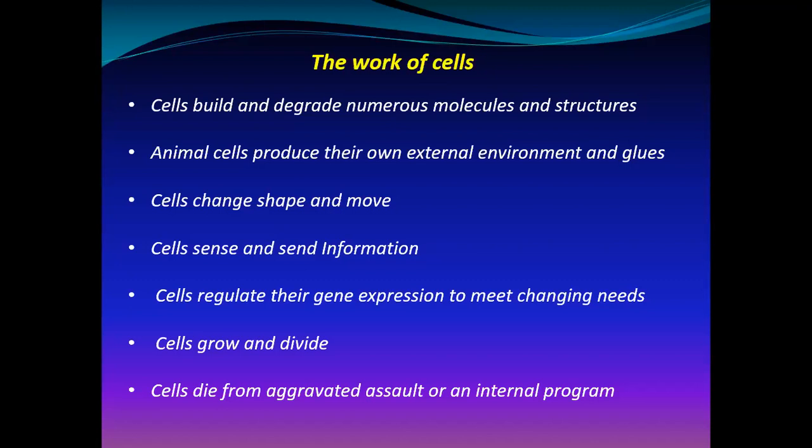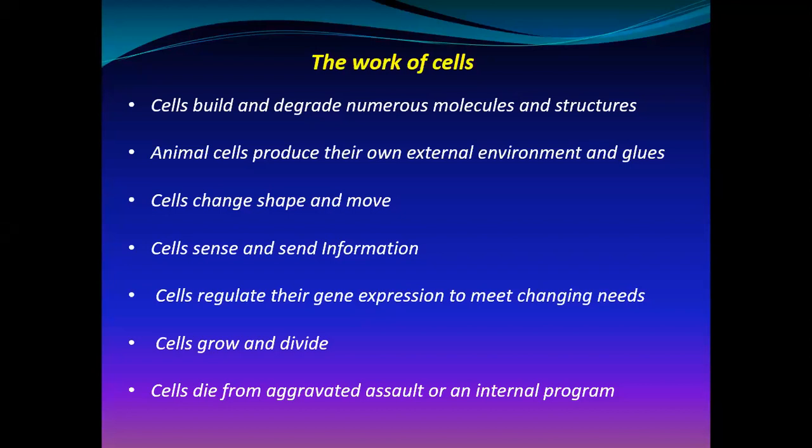It's called necrosis. Understand? Or else the cell has to be programmed to die. That is called programmed cell death. The programmed cell death is called apoptosis, right? Okay. Sudden cell death is called necrosis.